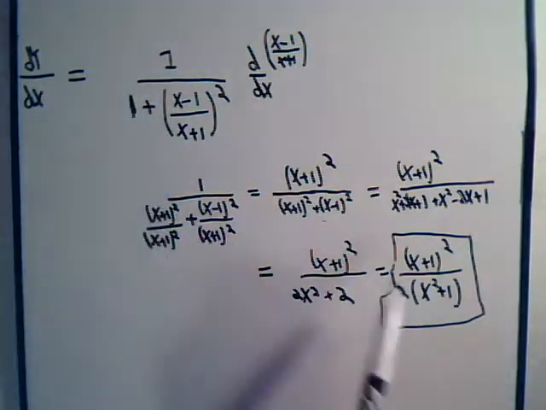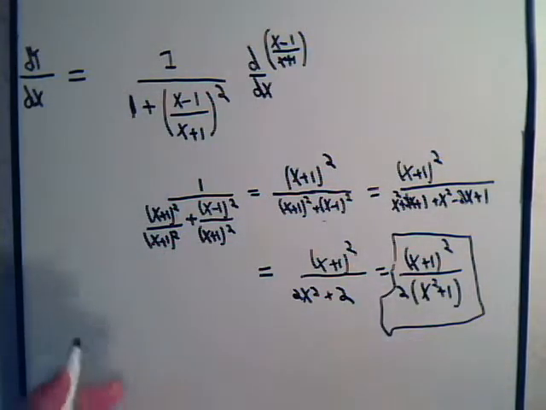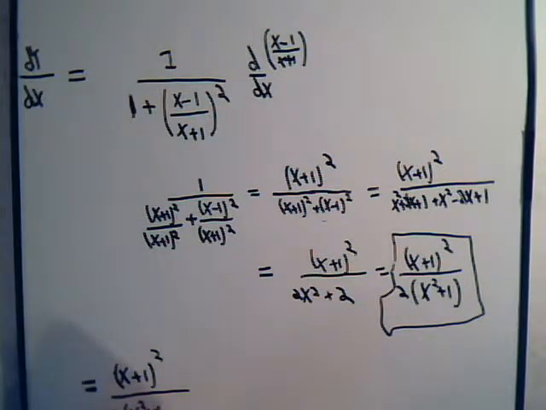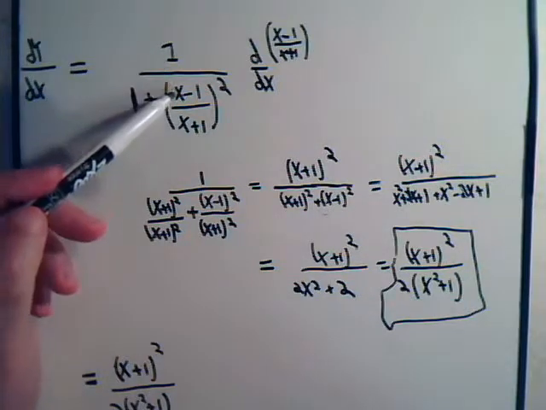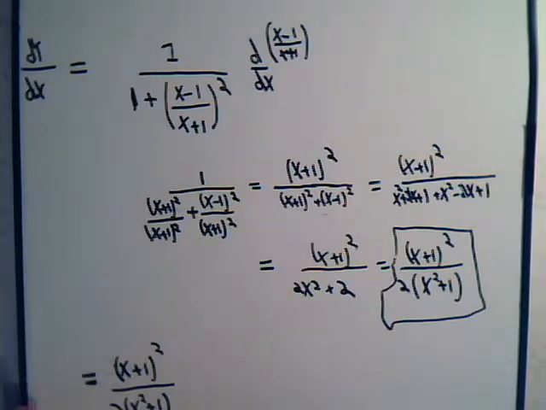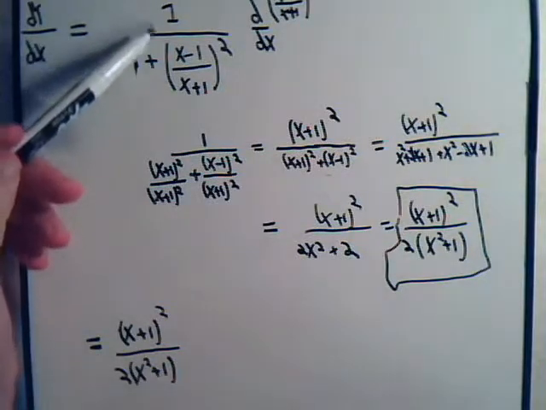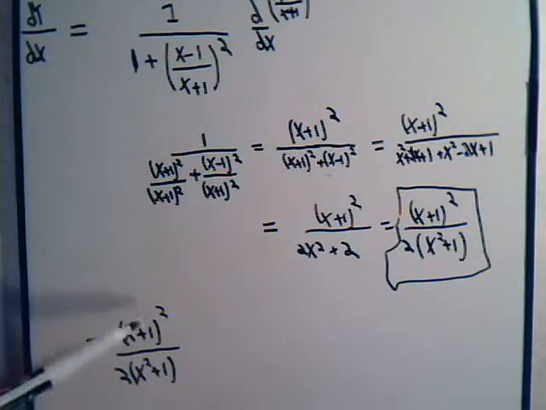Okay, so 1 over all this stuff comes out to equal this. So let's rewrite things. This will equal x plus 1 squared, quantity squared, divided by 2 times x squared plus 1, and then this is now this. We've done the algebra to transform this into this.